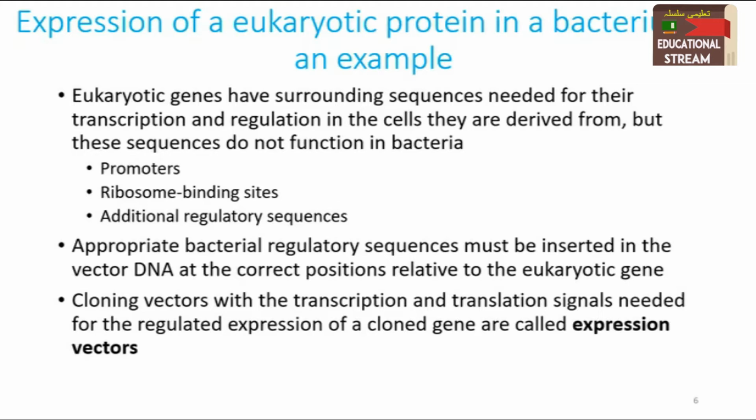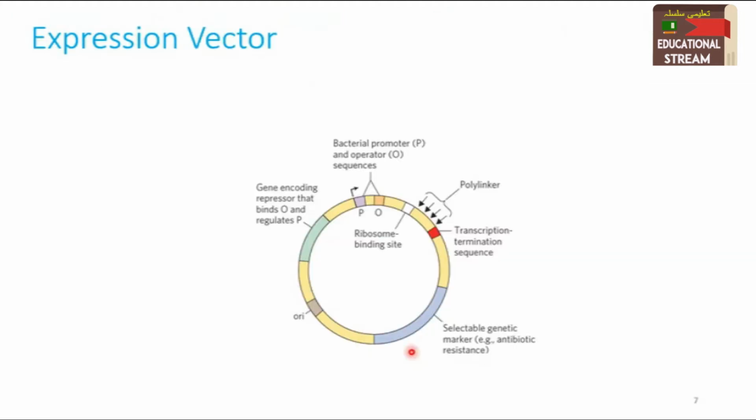We will see the structure of the expression vector. This is the structure of an expression vector, which contains all the elements positioned near the unique restriction sites used for cloning, so that genes inserted at the restriction site will be expressed from the regulated promoter elements.